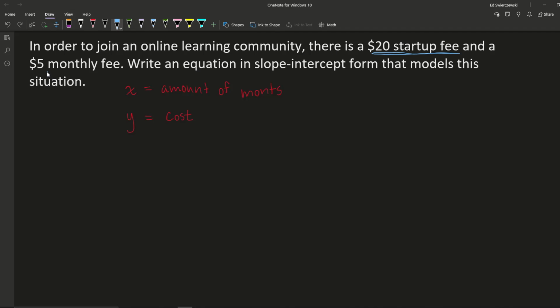And this monthly fee, whenever you have something broken up into a time period, like per month, per year, yearly, monthly, weekly, that's going to be the slope. So let's go ahead and let's write this down into slope-intercept form. And my slope is going to be 5, so 5x plus 20.